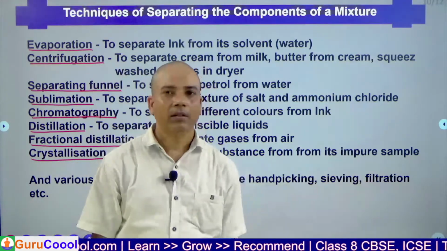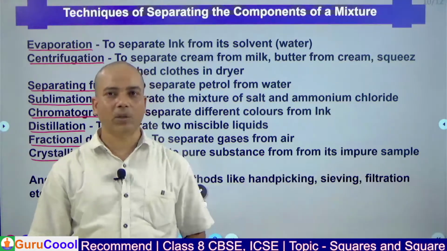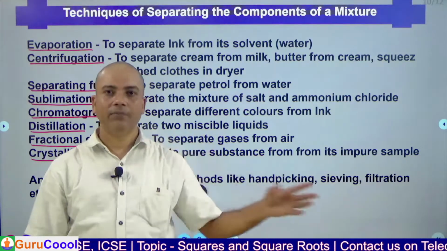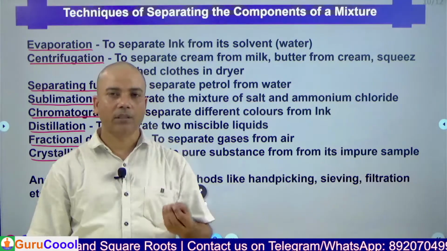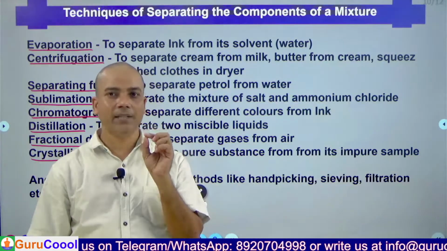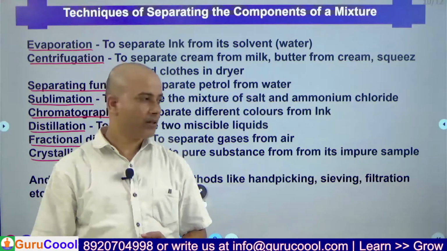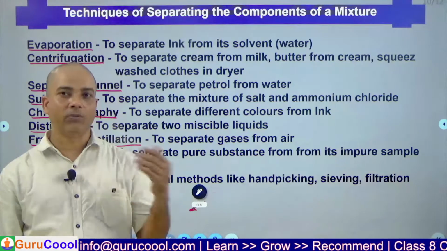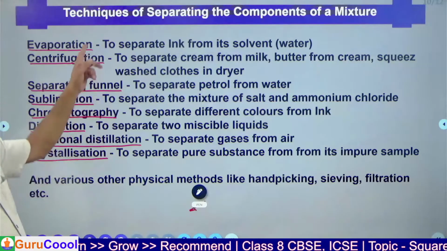These two methods work on the basis of difference in size. If sizes are the same, then filtration or sieving will not work. Tea leaves are bigger in size, so they are easily strainable. In filtration also, sand particles are bigger than water particles, so due to the size difference this can be done. We also have to talk about these processes one by one.